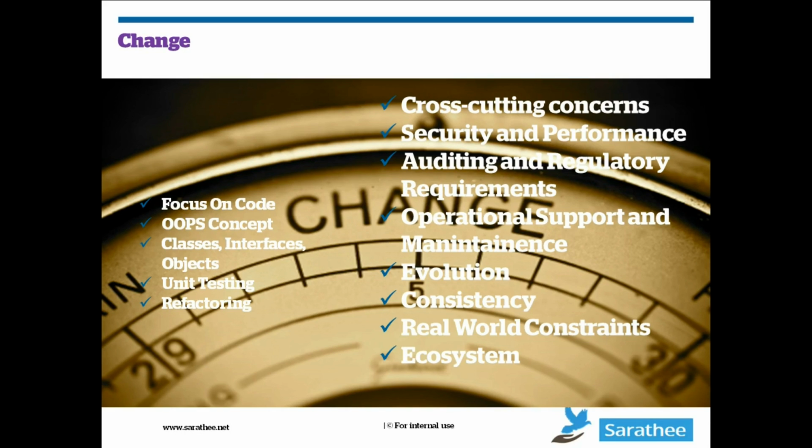Well, when you're thinking about software development as software developers, most of our focus is placed on the code. Here we are thinking about concepts like object-oriented, classes, interfaces, inversion of control, unit testing, clean code, and various other technical practices which your organization enforces on you to build a better software.